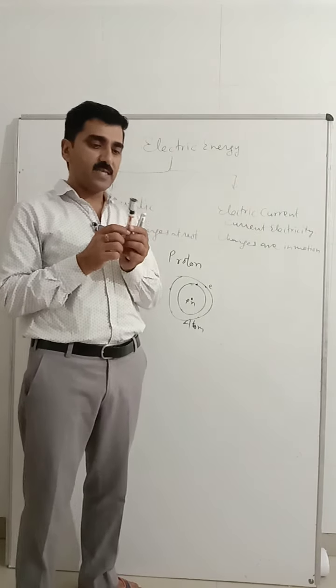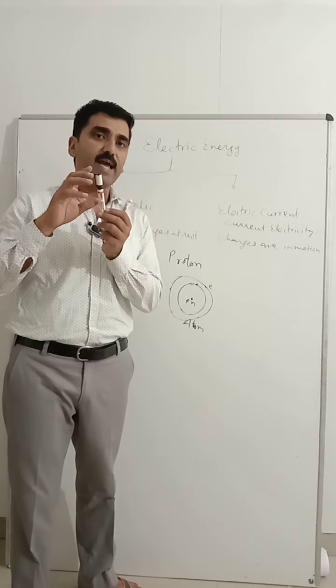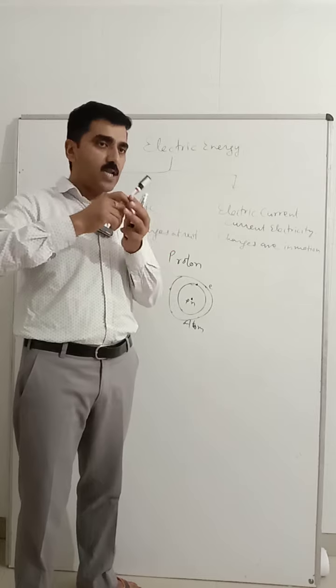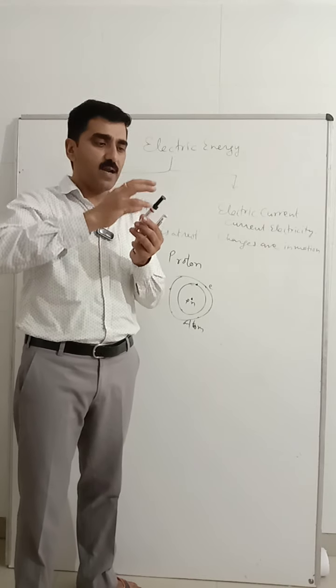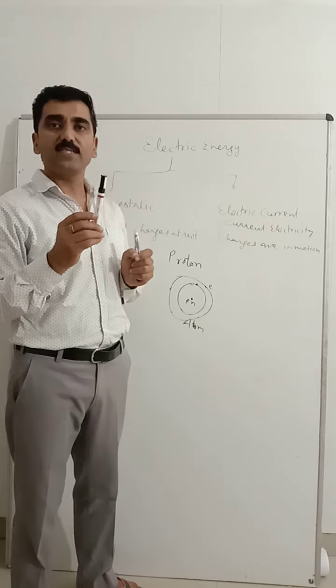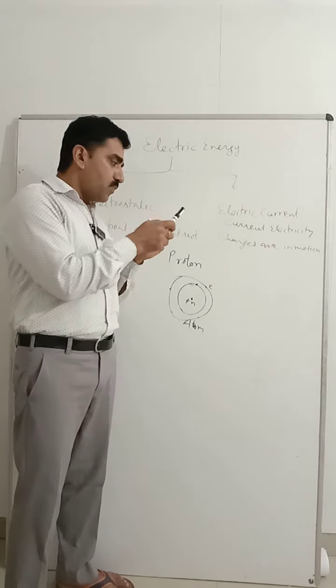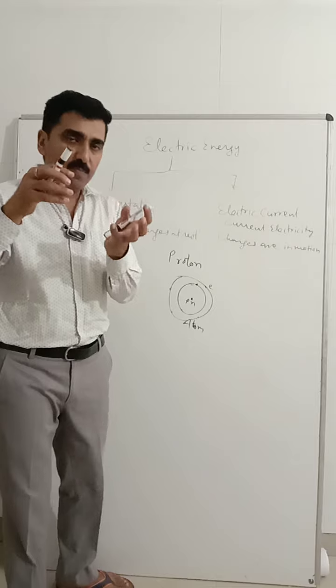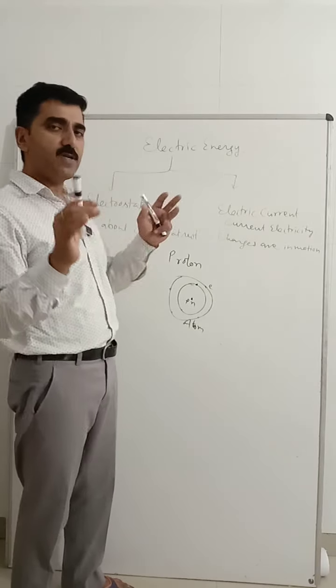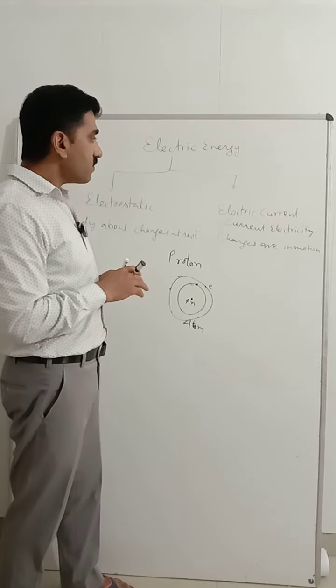The pen is acquiring negative charge, by convention, because electrons are getting transferred from our hair on account of friction to the plastic pen. So when you bring it near the bits of paper, they are getting attracted toward it. Many small experiments like this you can do yourself also.